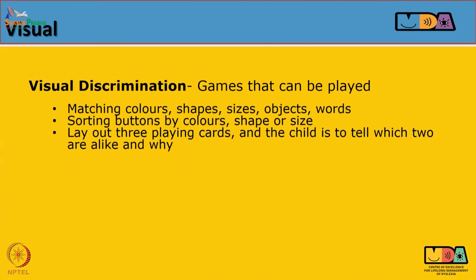Lay out three playing cards and tell the child to pick out which two are alike and why. The child has to see what is alike and why it is alike, and maybe he can also be told to say what is different and why it is different.